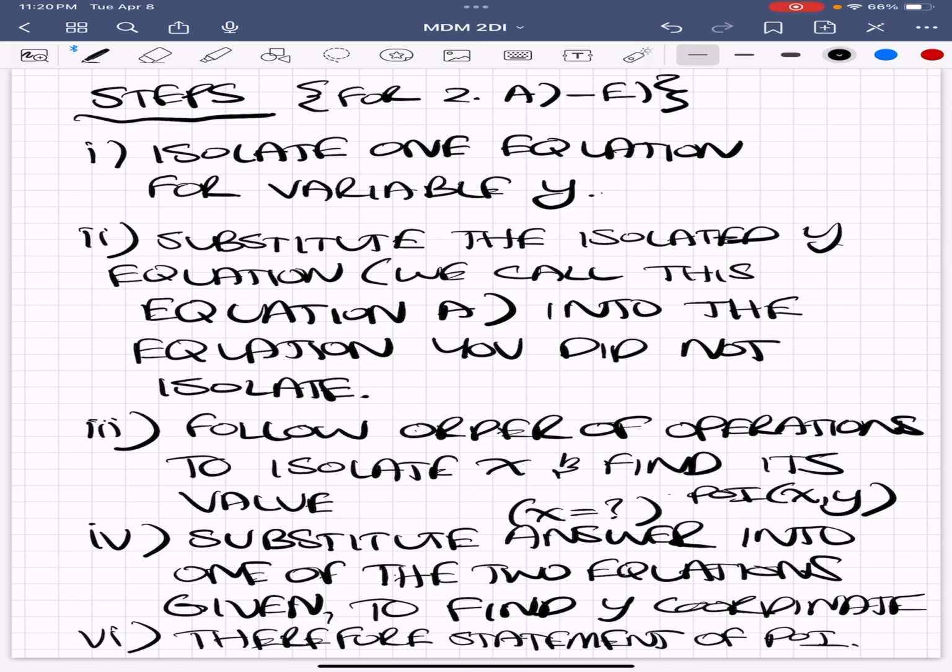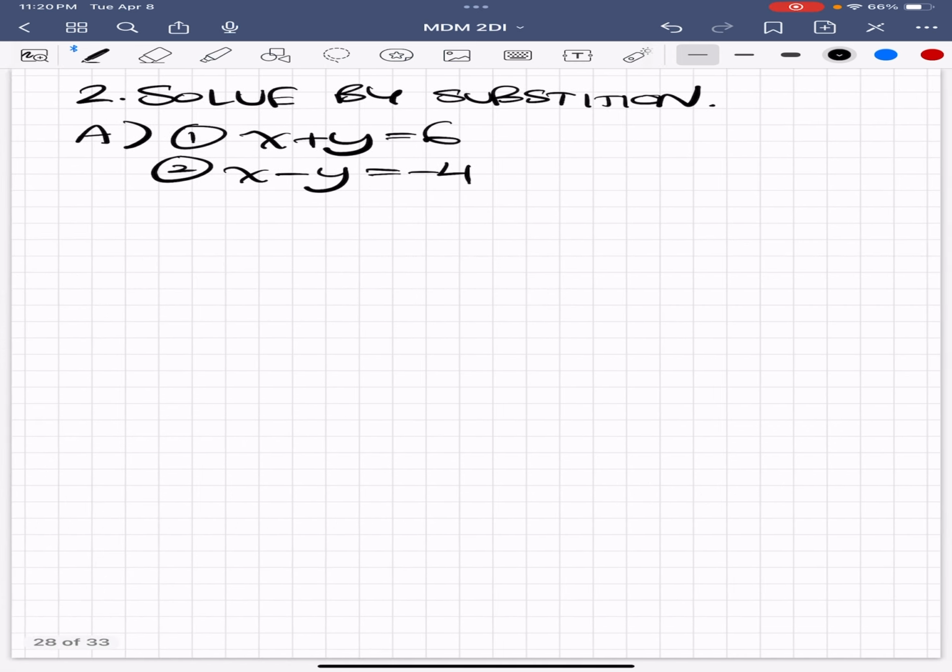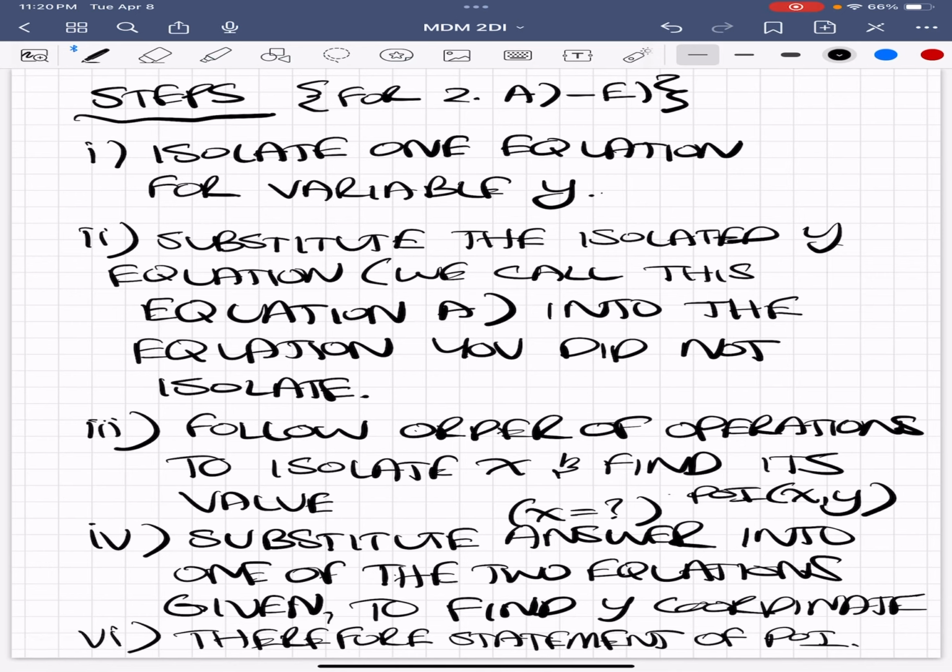Follow order of operations to isolate x and find its value. Then we substitute our answer, the x-coordinate of the POI, into one of the two equations given to find the y-coordinate of the point of intersection, and then we have our therefore statement for the point of intersection. Moving on. Actually, I'll give you a minute to write this down.